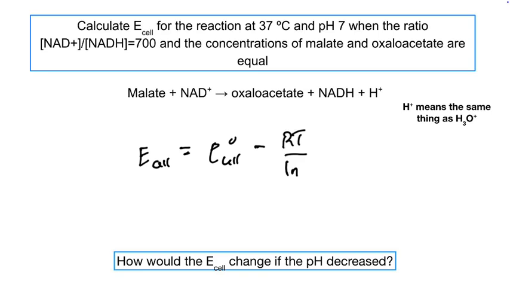RT over NF times the natural log of Q. That Q is where all those concentrations come into play, our non-standard conditions. And when we run this calculation, what happened to our cell potential? It became positive. So our reaction is now spontaneous.